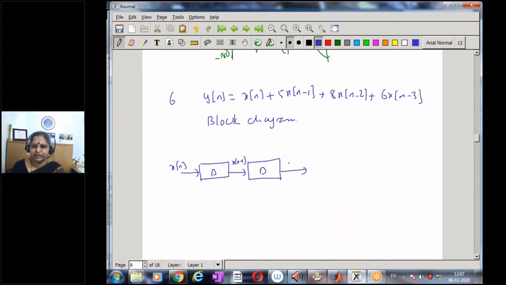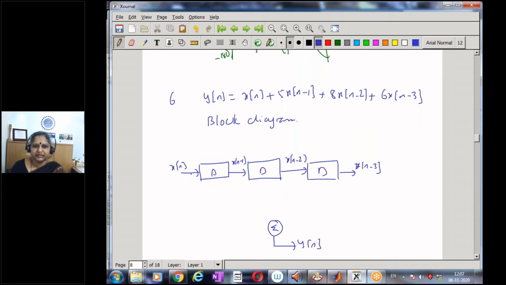I have another delay element, so this is going to be x of n minus 2. And I have another delay element, so this output is going to be x of n minus 3. And now I need to add, and I get my output y of n.